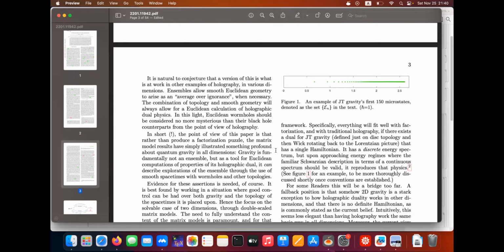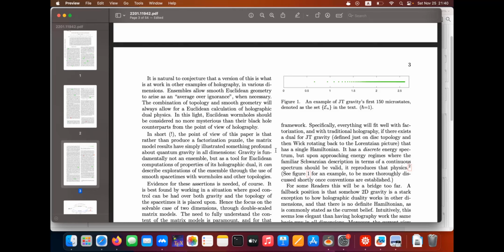Anyway, the paper wants to give another explanation for this case. It argues that we can think that the density of the eigenvalues corresponds to some quantum system.